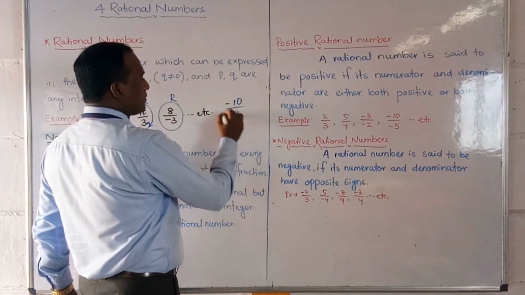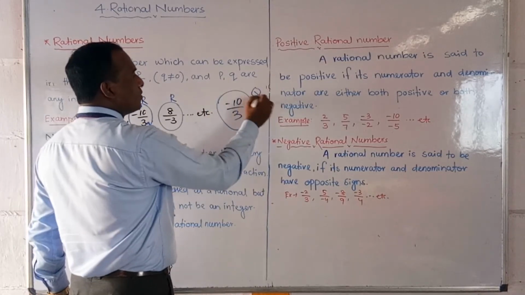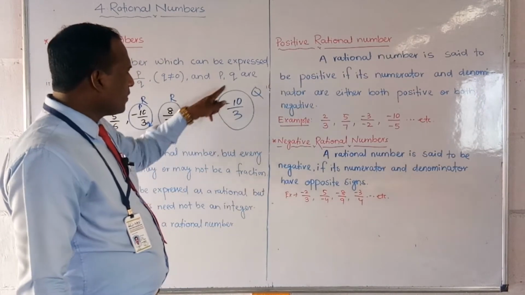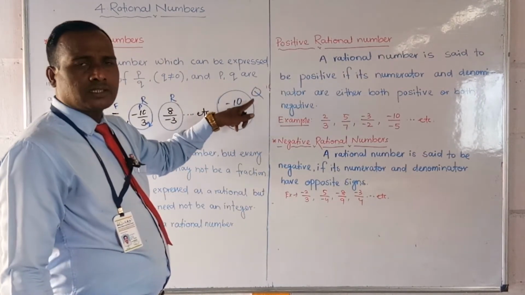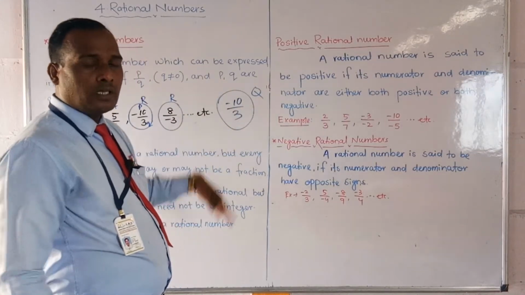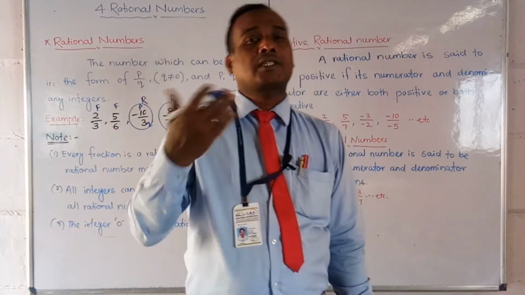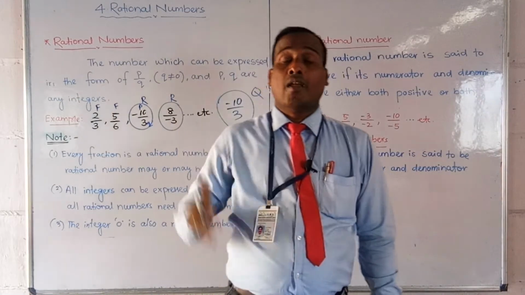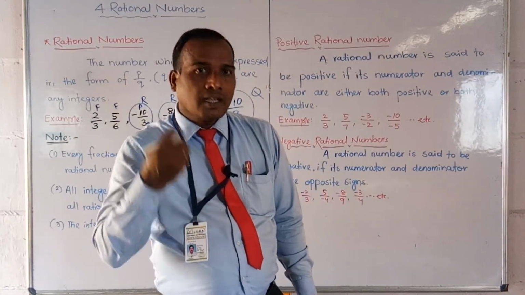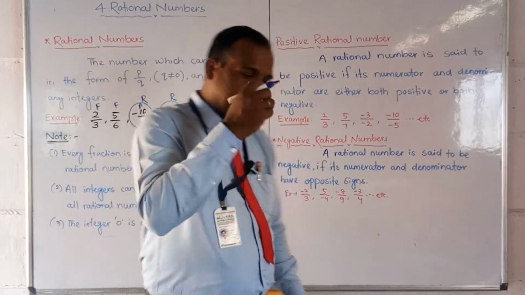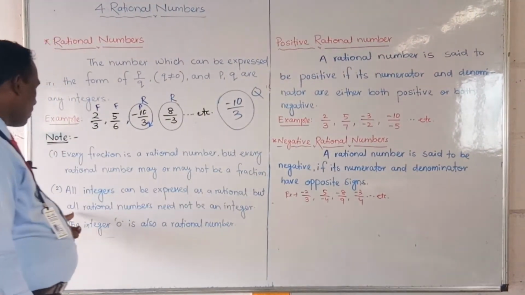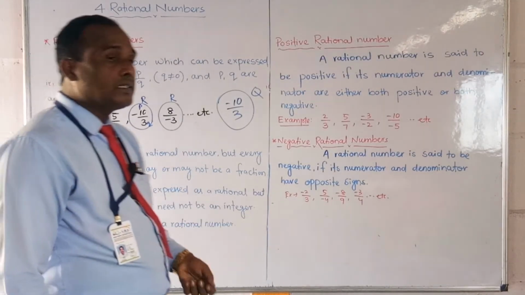It is a rational number, represented by q. Whenever we write this, it belongs to rational numbers, but it is not a fraction. So every fraction is a rational number, but every rational number need not be a fraction. Second condition: all integers can be expressed as rational numbers, but all rational numbers need not be integers.